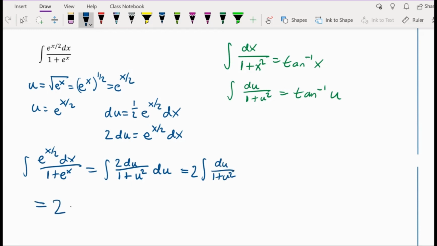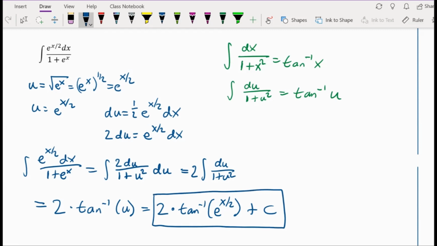That gives us 2 times the arctangent of u, which equals 2 times the arctangent of e to the x over 2 plus c.